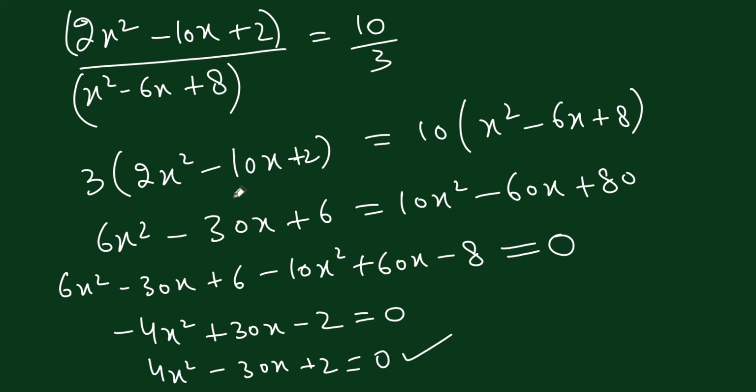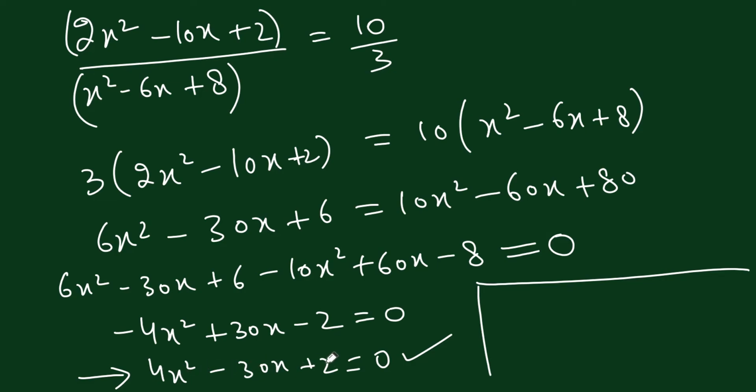So what you were given from the textbook as a question, you simplified and made it in the form of standard quadratic equation. You can still simplify it because 4x square, 30x and 2 all are going in 2 table. Sorry, all are going in 2 table.